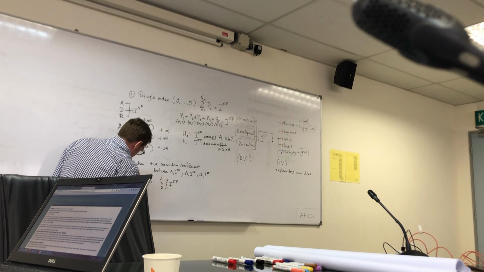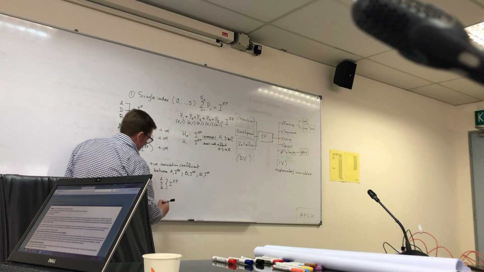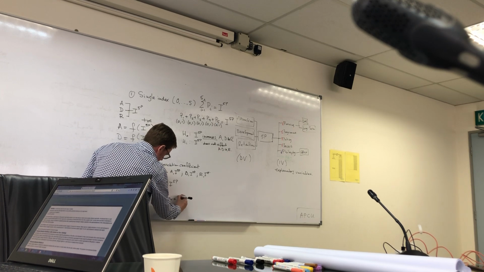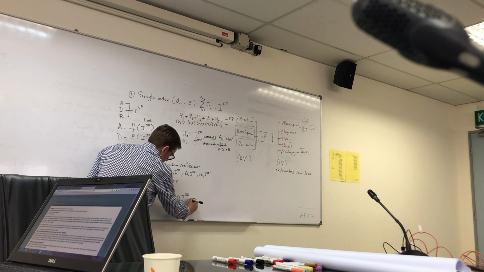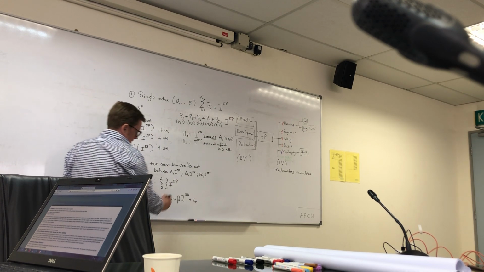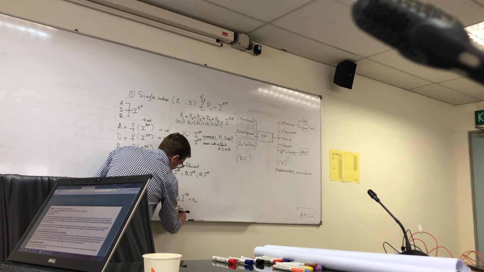Or I could do a regression, where I would say A equals alpha plus beta I, and then an error term. But I would expect this to be positive and significant.